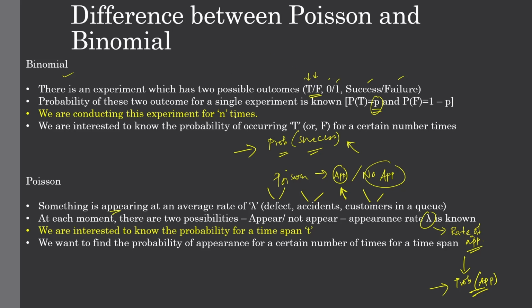Now, in case of binomial distribution, we are doing this experiment n times, and therefore we had another parameter n. But in case of Poisson distribution, we are not doing it n times or anything like that. The situation is a little different.